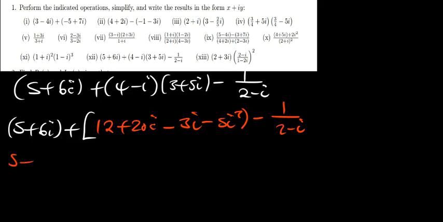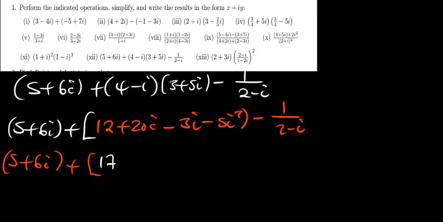So 5 plus 6i, I keep on bringing this, plus. Now this one we clearly know is going to be plus 5 now because of that i squared. So it's going to be 12 plus 5. Okay, so 12 plus 5 is 17.